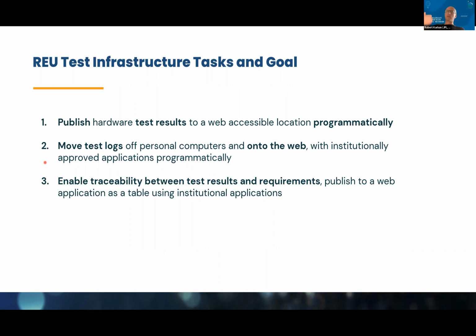So we can have this history of when did we test which version of the software and what results did it produce, how many failed, how many partially succeeded, how many were not performed, right? And to move these test logs that were produced onto the web, so that they're accessible and not on some local machine.